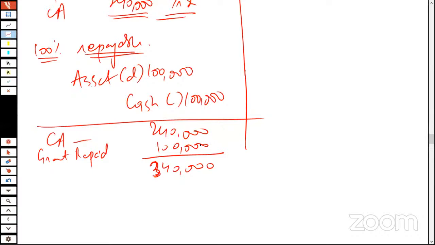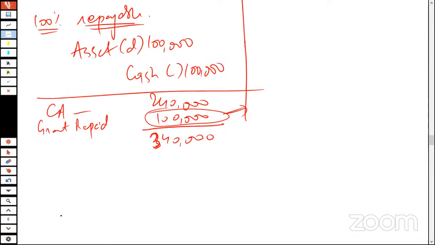The problem over here is we have added up the whole of the 100,000, but we have not incorporated the desired depreciation.